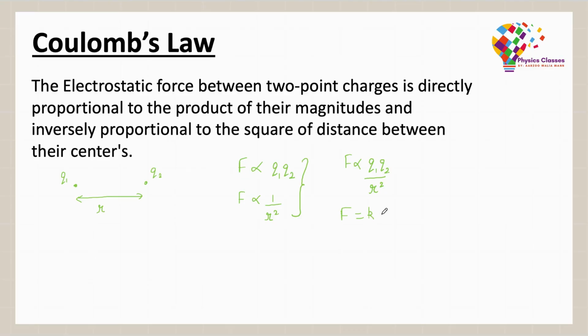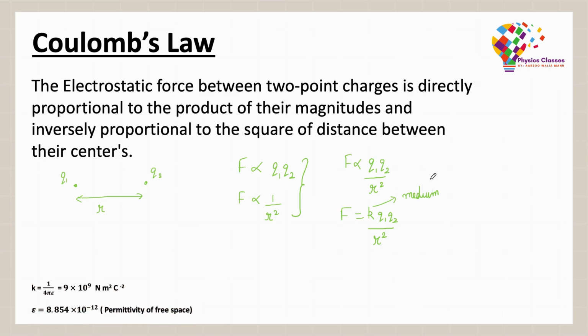So we have force equal to k times Q1 Q2 by r square. This is the mathematical form of Coulomb's law, and it tells us the magnitude of the force between the charges Q1 and Q2. Now this k depends on the medium. It takes the medium into account.